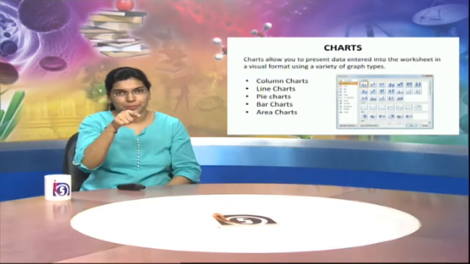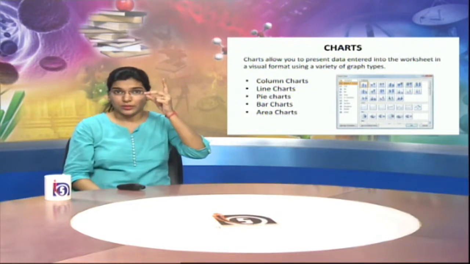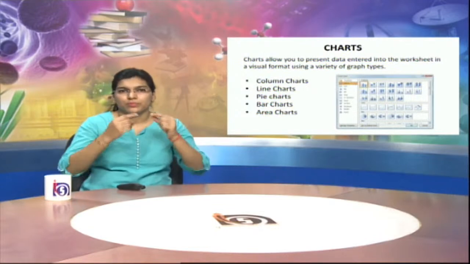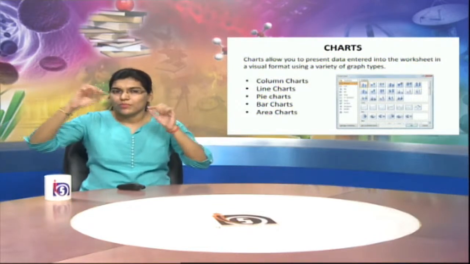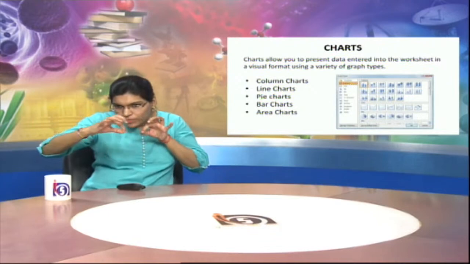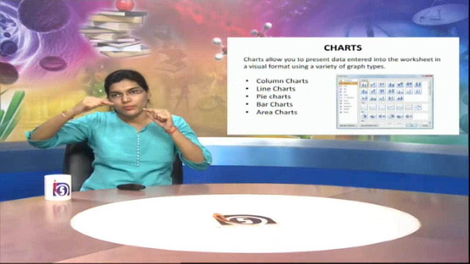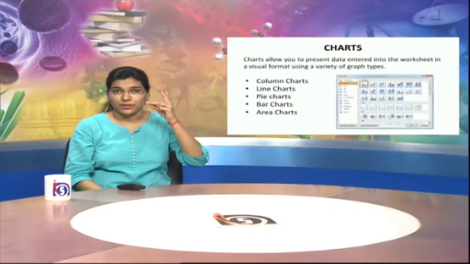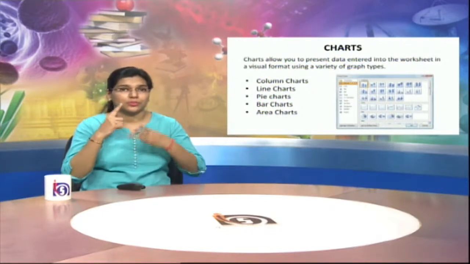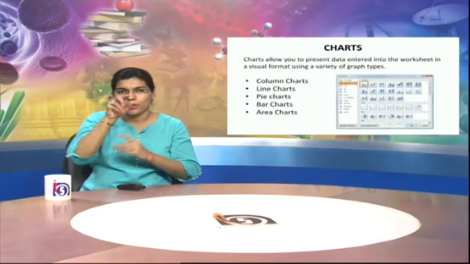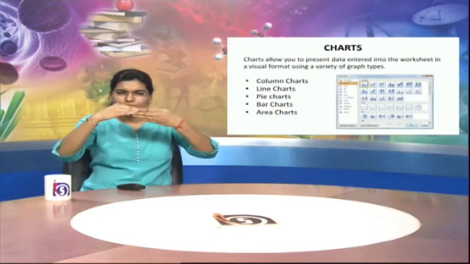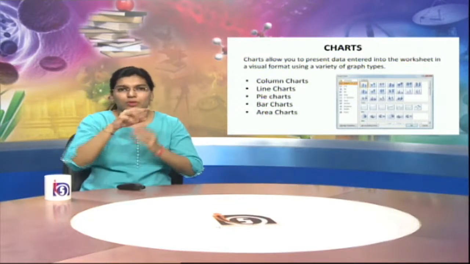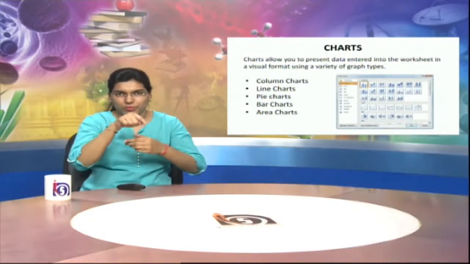In this we have many columns, and the second chart is line chart. The line chart has many lines. It is in the line form. The third chart is pie chart. It is in the circle form and it is divided in some ratios inside the circle. So that is known as pie chart.